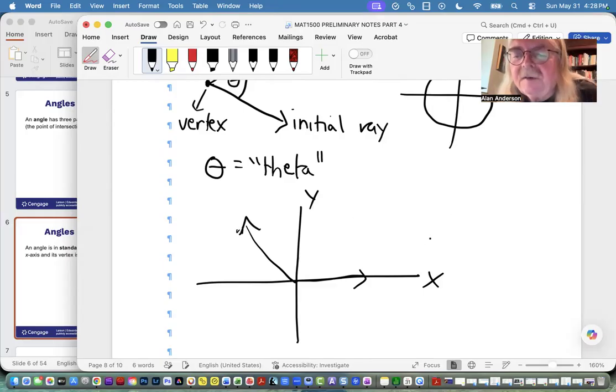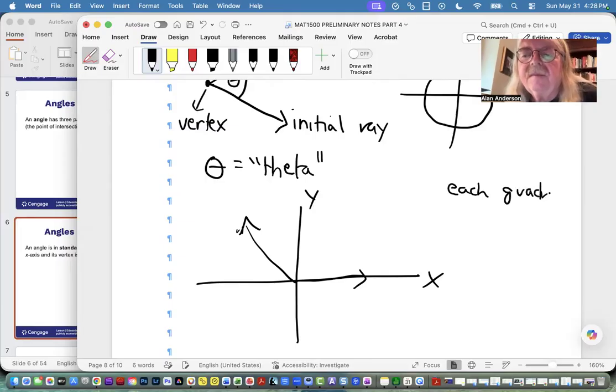Now, don't forget, as far as these quadrants are concerned, since the total circle has 360 degrees, each quadrant is 90 degrees. So, like here, this is meant to indicate we go all the way through the first quadrant, and let's say halfway into the second quadrant.